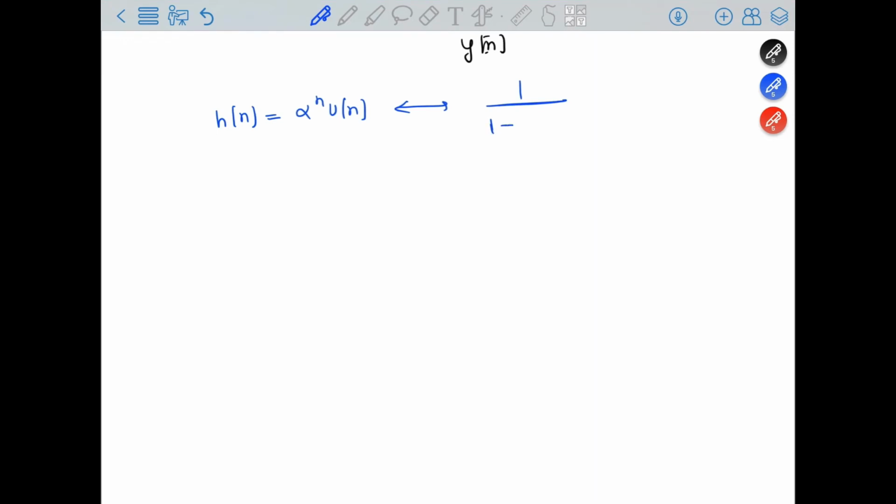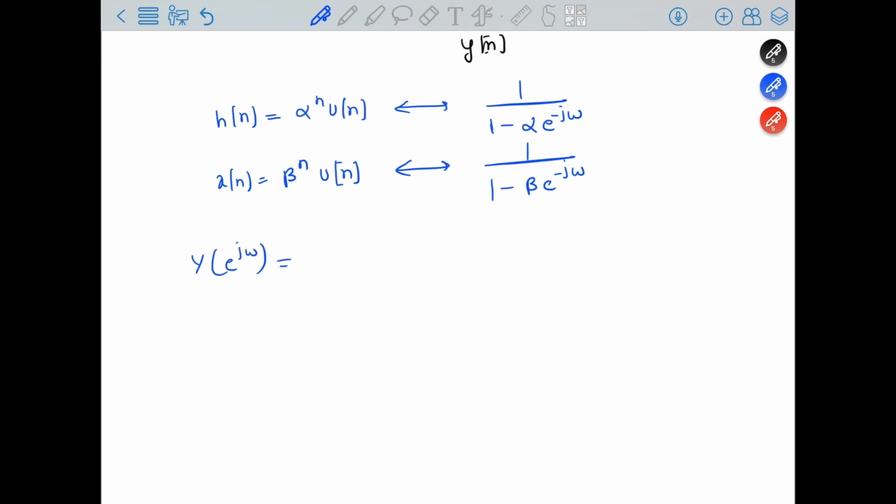It will be 1 over 1 minus α e^{-jω}. Similarly, x[n] is given by β^n u[n], so the Fourier transform of this will be 1 over 1 minus β e^{-jω}. Now from the convolution property which we stated earlier, Y(e^{jω}), the Fourier transform of the output, is represented by the multiplication of these two.